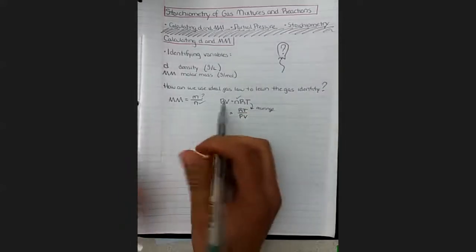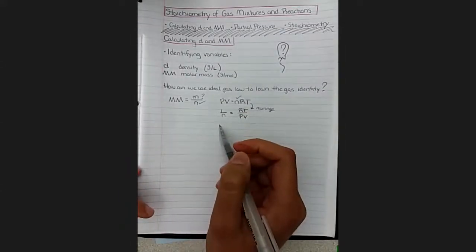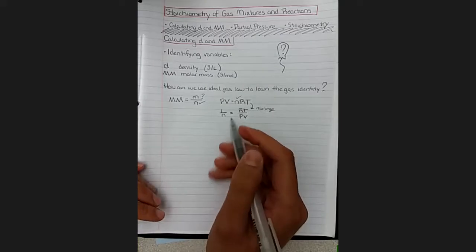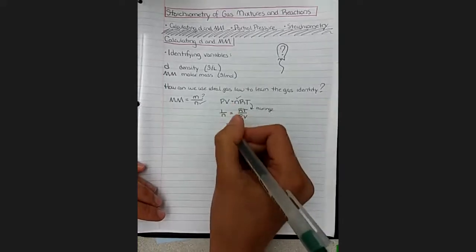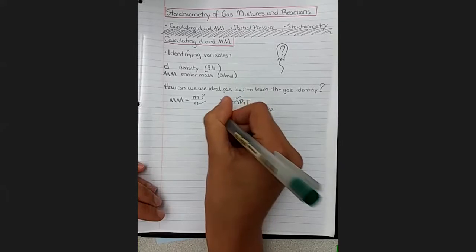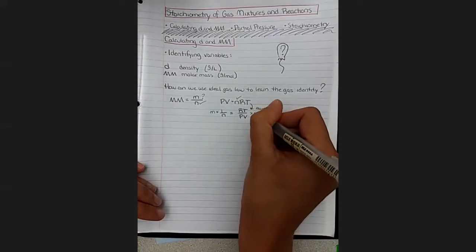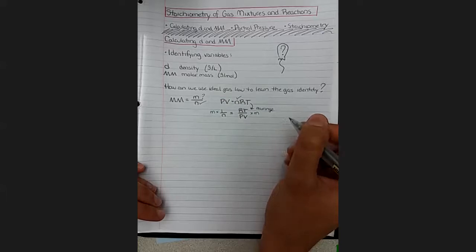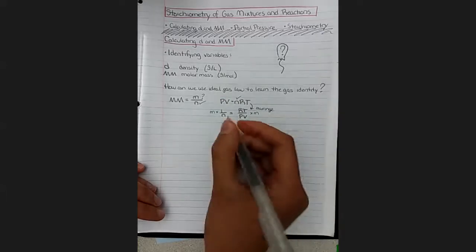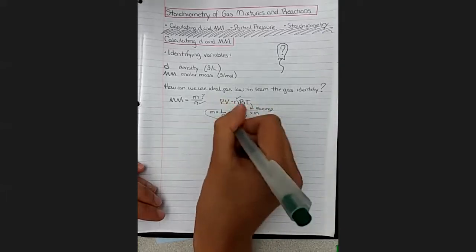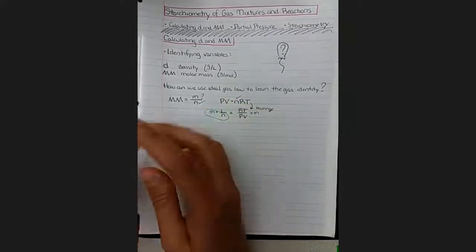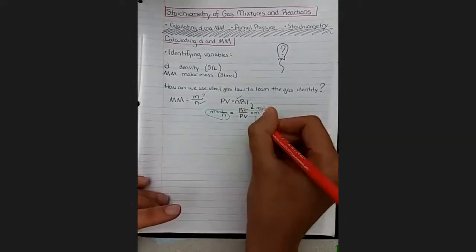So the way math works is that you can do whatever you want to an equation as long as you do it to both sides. So if I want this to say m over n, I'm going to multiply this side by m. And so then I have to multiply the other side by m as well, so that it's equal. So now m over n, that is molar mass, the variable that I wanted.